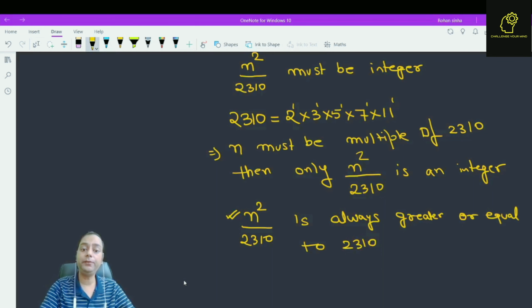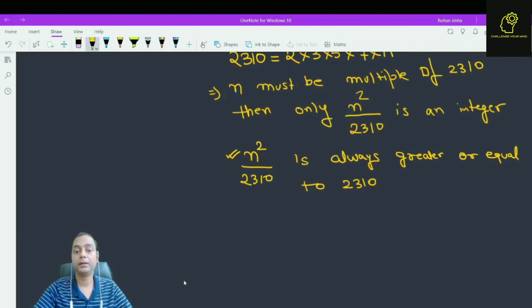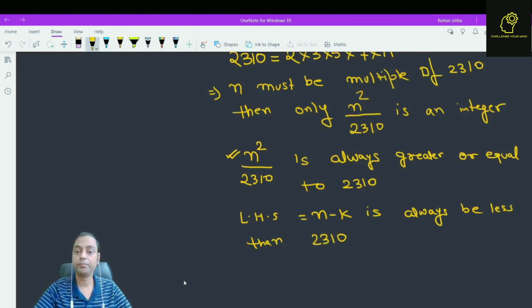But on the LHS, n minus k is always less than 2310. So what does it mean? This is a contradiction.